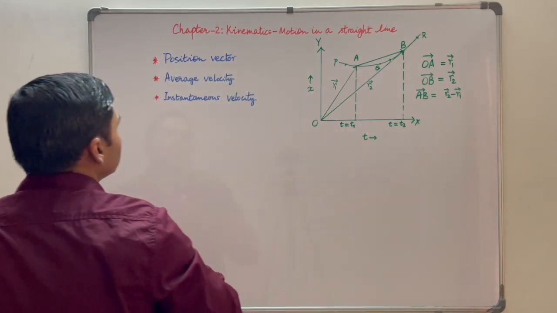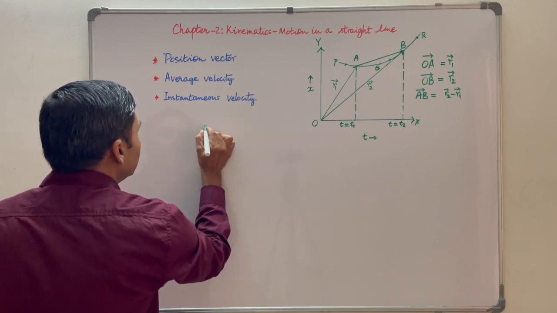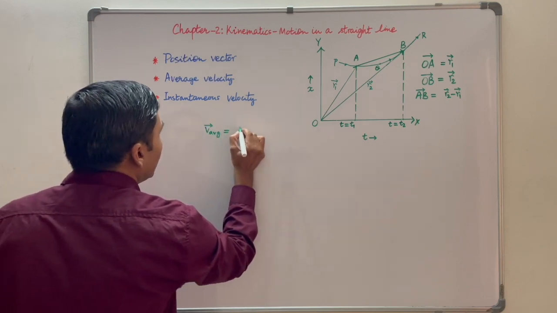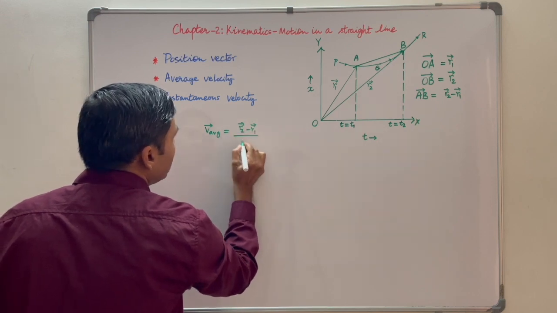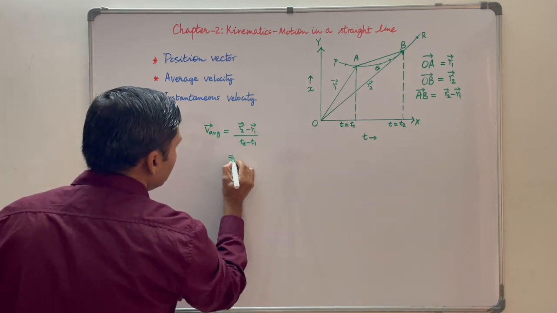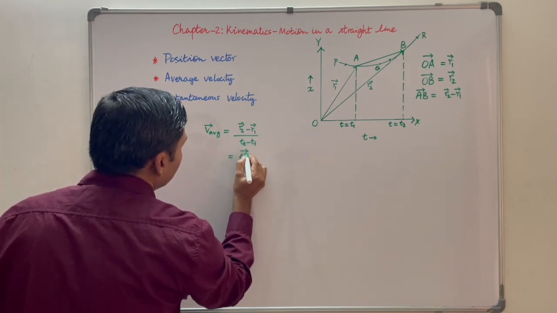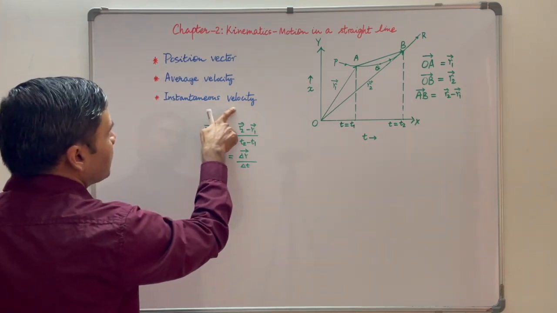And the average velocity will be given by V average is equal to R2 minus R1 divided by T2 minus T1, and it is equal to delta R upon delta T. Instantaneous velocity.